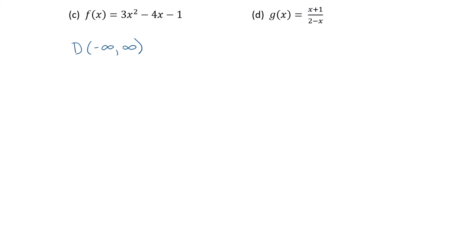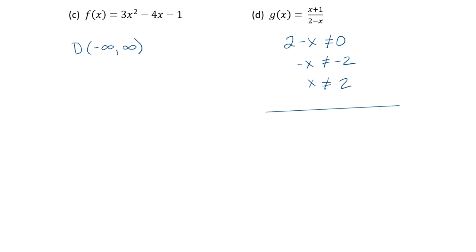In g of x, we have x plus 1 over 2 minus x. The restriction here is that we have a denominator with a variable in it, and that cannot be equal to 0. We cannot divide by 0. So we solve this inequality, and x cannot equal positive 2.